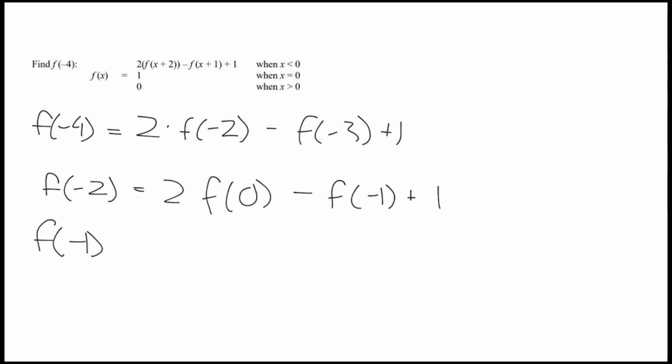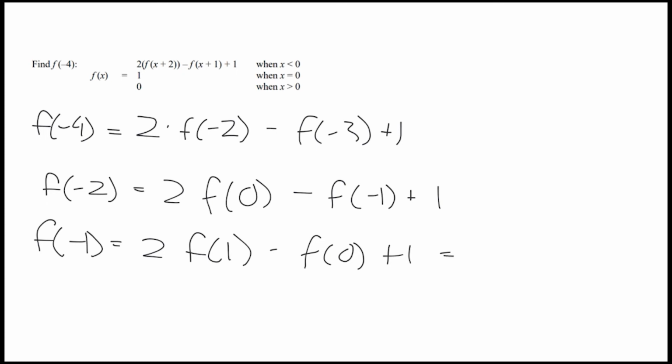F of minus 1 equals, it's below 0, so we need to do the first condition, 2 times f of 1 minus f of 0 plus 1. Now, this is all stuff that we can evaluate because these are both base cases.